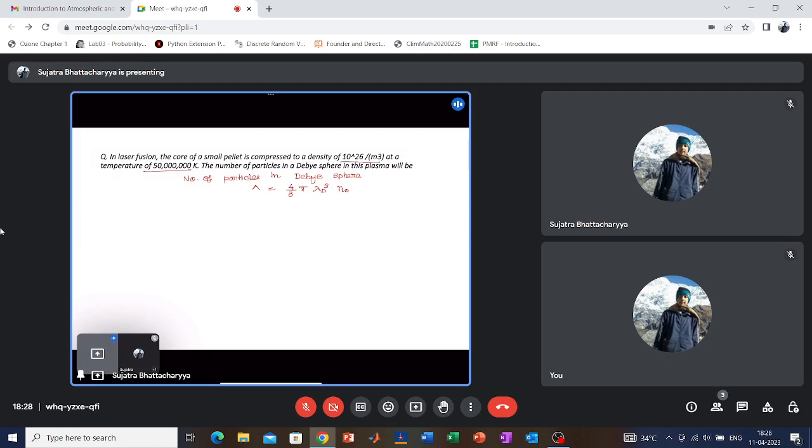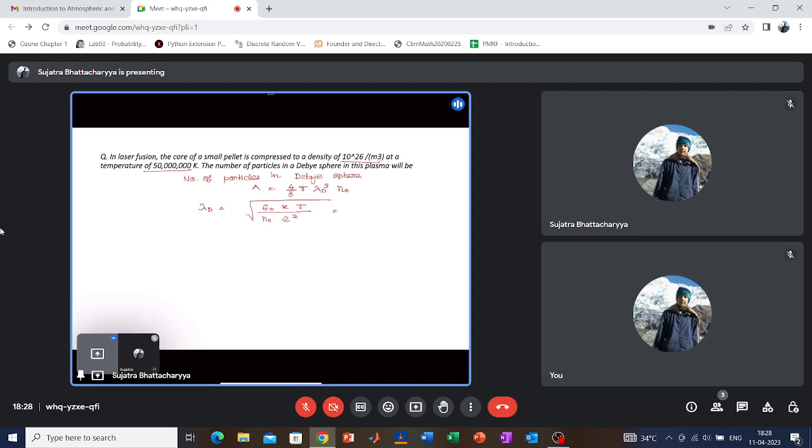Nothing else is required, because if you see the expression of lambda D, which we have written earlier also, epsilon naught is a constant, k is a constant, T is the only unknown, n naught is also an unknown, and e square is known.